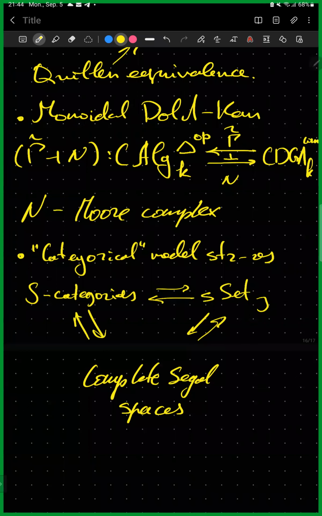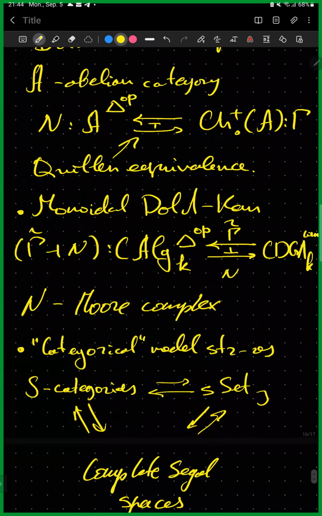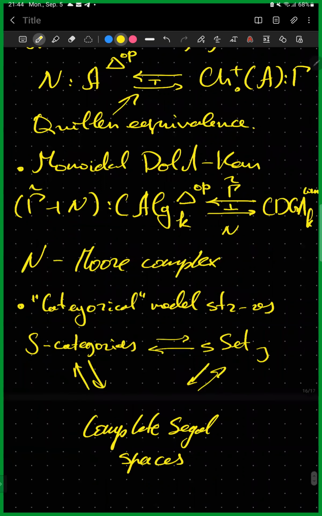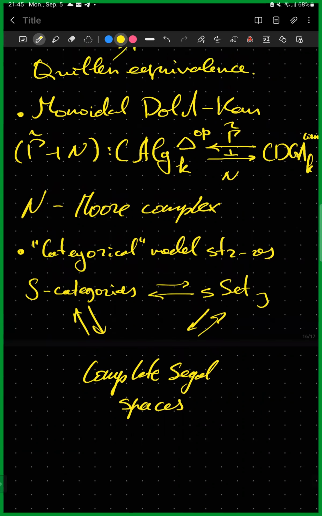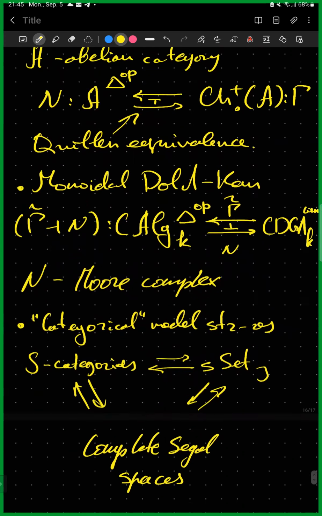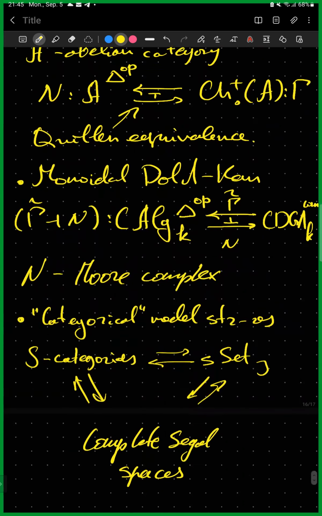So yeah, this is another example of, well, several Quillen equivalences, in fact, and I think that this is it for my introductory talk. I tried to explain various contexts where model categories appear and where they're useful and where we will study them.